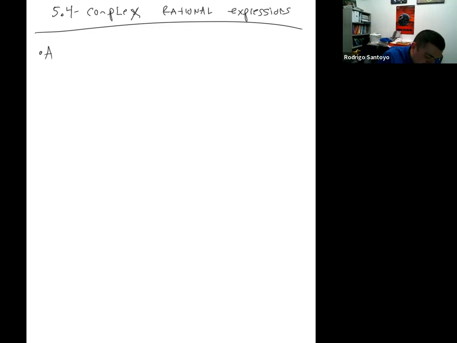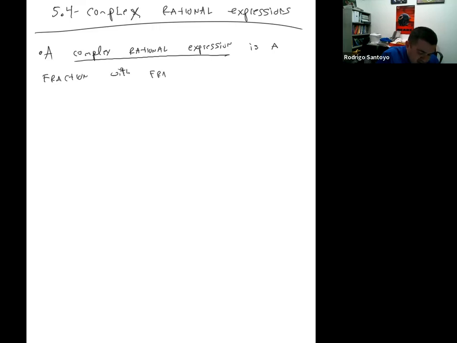A complex rational expression is just a fraction with fractions.